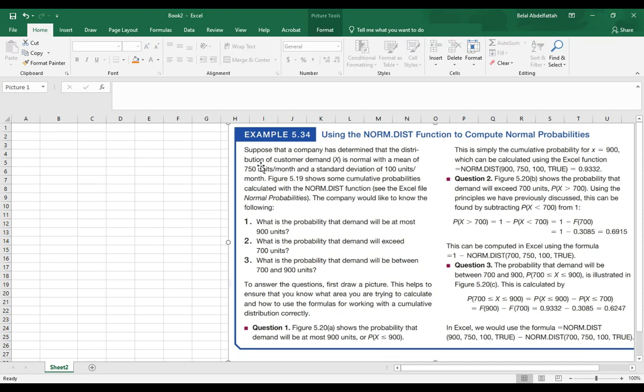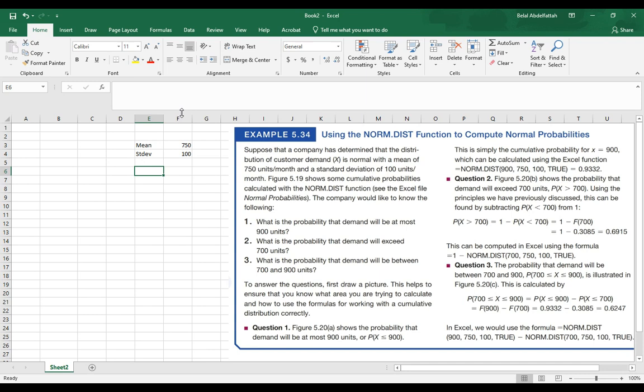Now, what I want to do before I solve this is develop a chart that shows the normal distribution. So let me just go ahead and create that. Now I'm going to apply the empirical rule where I want to figure out what the values are that represent 99.7% of my distribution.